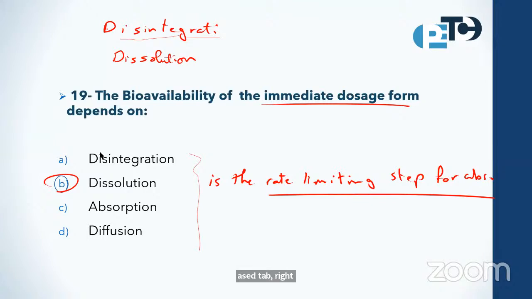Yes, sir. Even though the disintegration will take time, it needs another time to dissolve. So what is the direct rate limiting step for absorption? Is it disintegration or the dissolution?